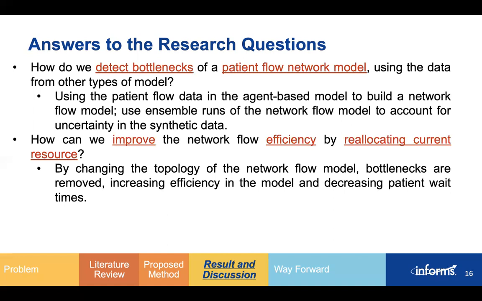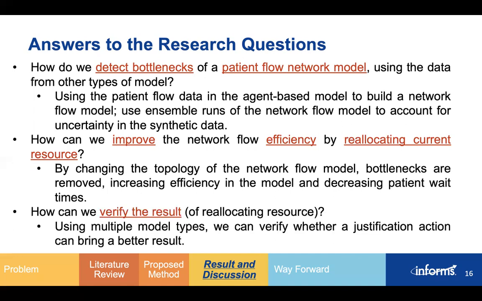Second, how can we improve the network flow efficiency by reallocating current resource? The answer is by changing the topology of the network flow model. Bottlenecks are removed, increasing efficiency in the model and decreasing patient wait times. And third, how can we verify the result? Using multiple model types, we can verify whether a justification or modification action can bring a better result.